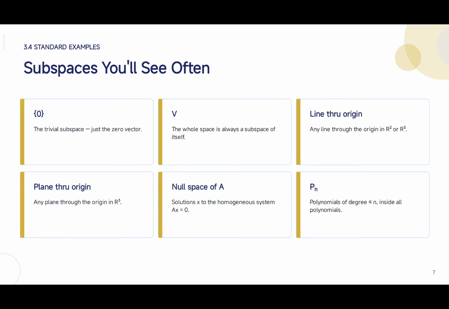Any line through the origin, any plane through the origin is a subspace. The null space of a matrix A, meaning all solutions to AX = 0, is a subspace of Rn, and polynomials of degree at most n form a subspace of the space of all polynomials.